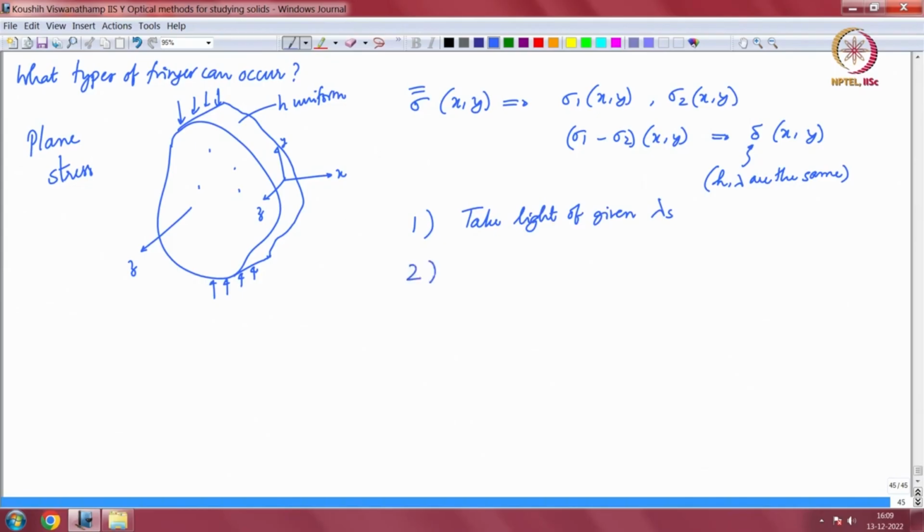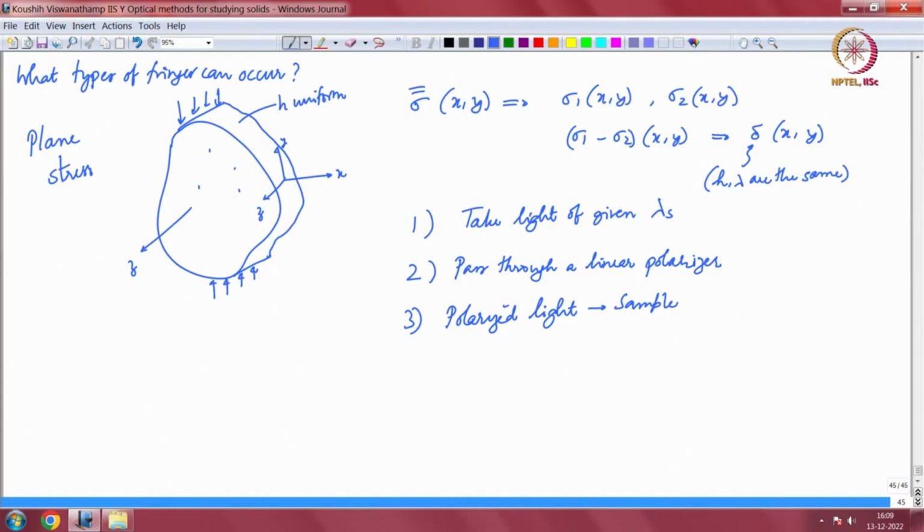We will pass the light through a linear polarizer, then the polarized light goes through the sample, the stressed sample. Remember the sample is under loading; if the sample is not loaded then the whole question of sigma 1 and sigma 2 does not turn up because there are no stresses inside.